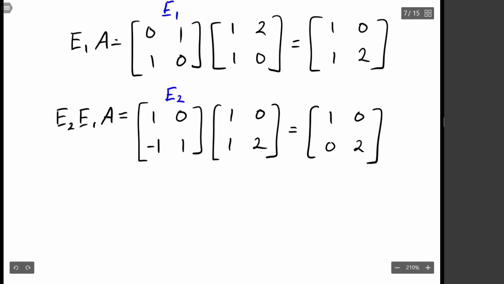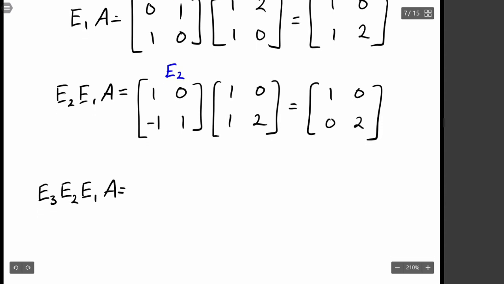All right. Now we need to do one more operation. This is E3, E2, E1A. What do we need to do to this matrix? Well, we need to divide row 2 by 2. So 1, 0, 0, 1 half. This is our E3 right here.